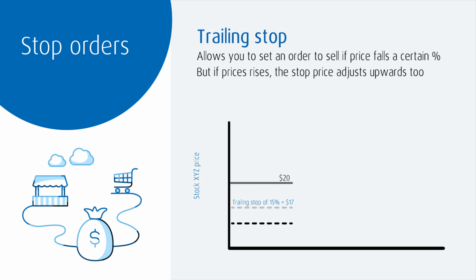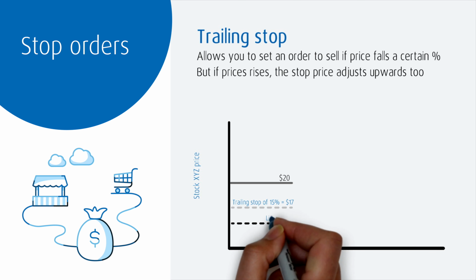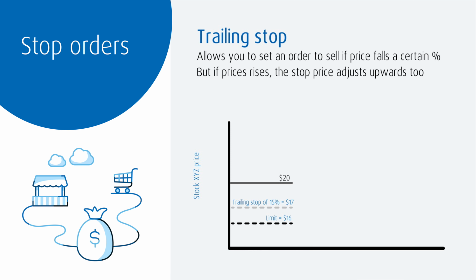The limit variance will determine what the limit price will be when your order gets activated. So if you picked a $1 limit variance, then your stop order will have a limit of $17 minus $1, or $16 per share, meaning that $16 is the lowest price you would be willing to accept to sell your stock if the order gets triggered.